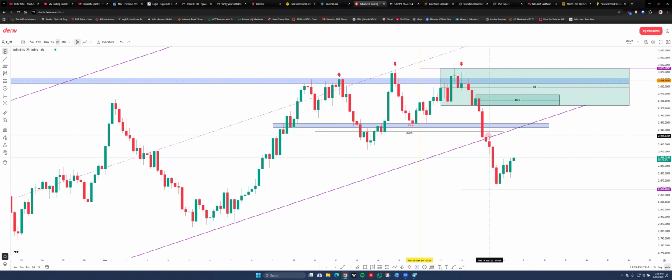And there's a present fair value gap here between this one and this one. So obviously the market could come over to that fair value gap area, tap it in, and then start selling. It's possible. Let me just type it too.